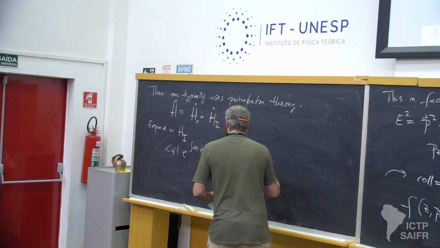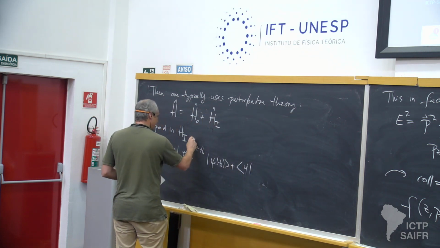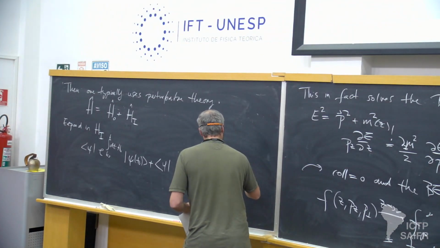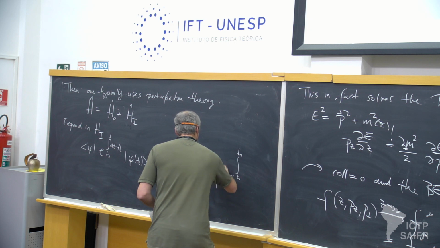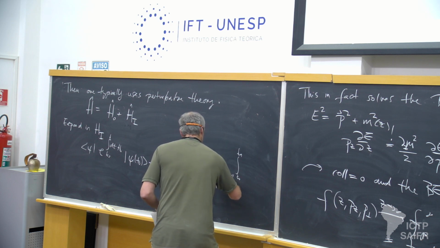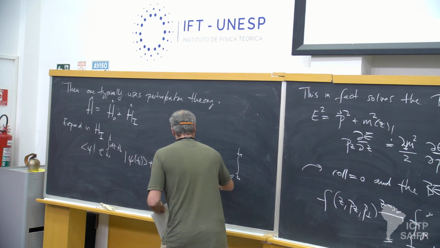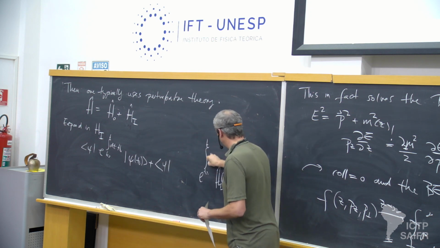Let's say you integrate from t0 to t. You would have one exponential which integrates from t0 to t1, then the Hamiltonian at t1, and then an exponential which integrates from t1 to t, and these contain the Hamiltonian.